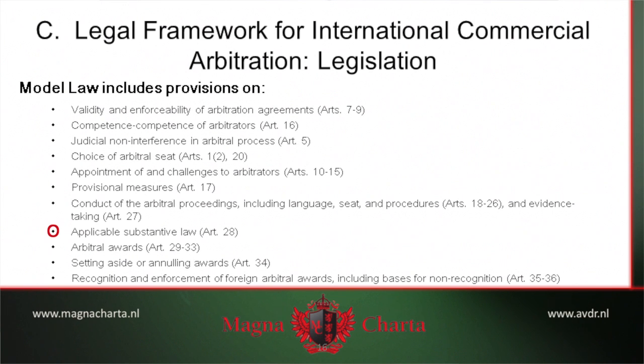A provision on the applicable substantive law, what contract law, what delict law applies by the arbitrators in the arbitral proceedings. Provisions on arbitral awards, their form, their content, when they can be issued. Provisions on annulment, very important, setting aside or annulling of awards. A court may review, but only in very limited circumstances under the model law, an arbitral award.